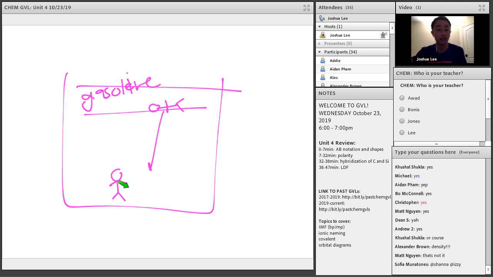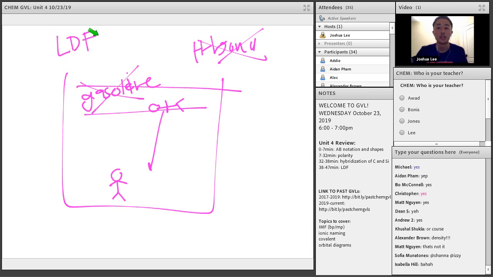But for gasoline, there are no hydrogen bonds. And I'm pretty sure gasoline is nonpolar. So that means it only has London dispersion forces. So what's happening when someone's at the bottom of a barrel of gasoline and they try to swim up, there's no resistance. The gasoline just kind of floats right by.